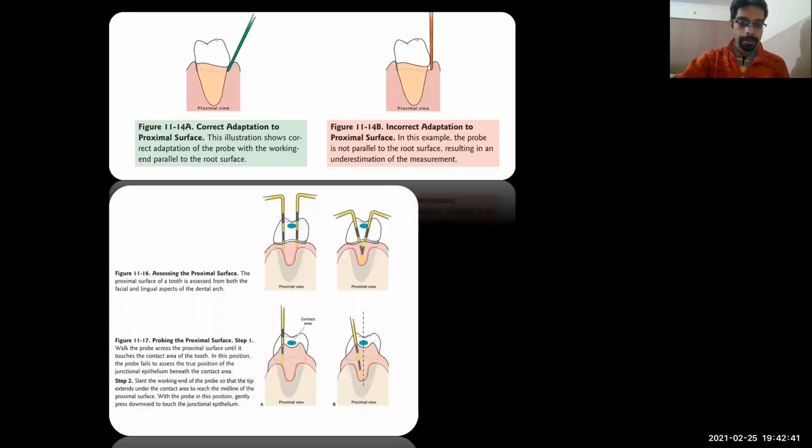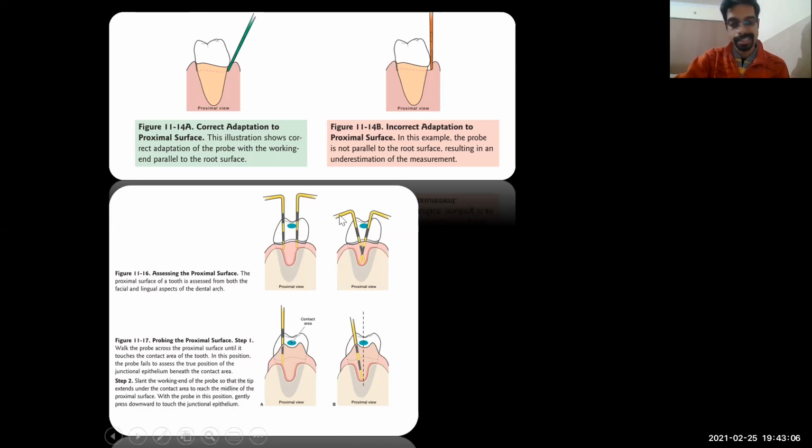Now, if you want to assess the area of the pocket which is just beneath the contact point, the green shaded area is the contact point which is depicted. Now, if you want to assess just beneath this contact point, you cannot go very perpendicular or very parallel to the root surface, or sorry, longitudinal axis.